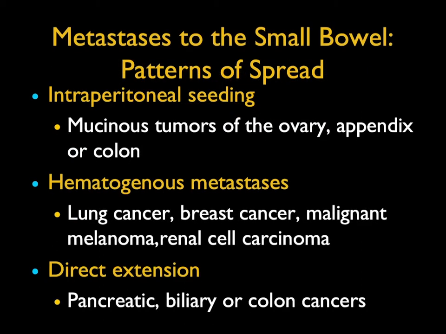If you want to say what are the poster children, intraperitoneal is ovarian cancer, but also appendix and colon, pseudomyxoma peritonei, I think of that. Hematogenous mets: lung, breast, melanoma, renal cell. And direct extension, think about pancreatic cancer involving the duodenum, or biliary or colon cancers.